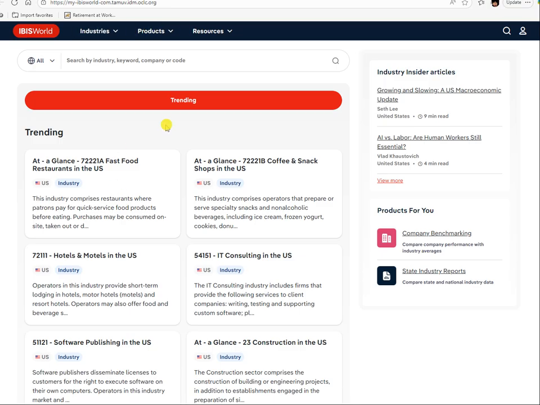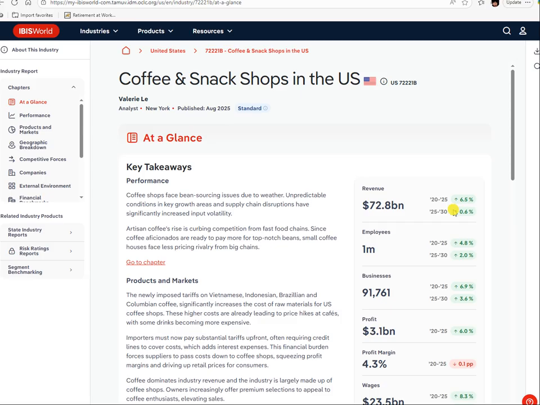And here, these are the industries that most people are researching recently. So let's see, for example, the coffee and snack shops in the US, to see what those industries are. So it's a $72 billion industry, and more than 1 million people are employed.